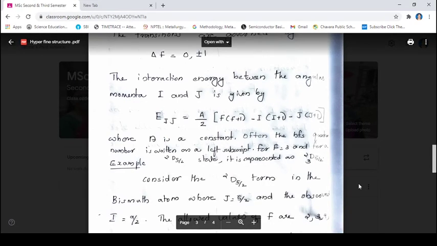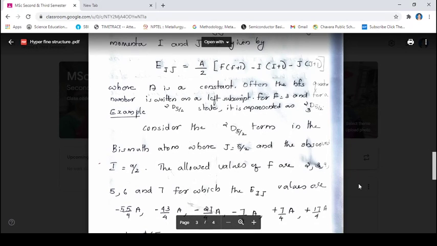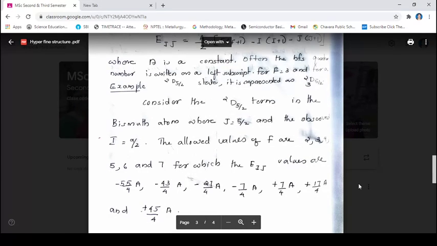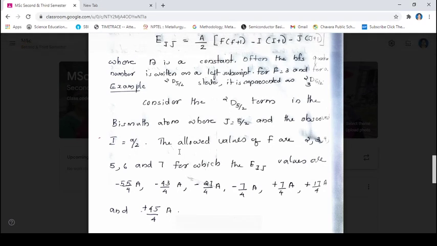As an example, we will consider the case of the bismuth atom. Consider the 2D 5/2 term in the bismuth atom, where J equals 5/2 and the observed I is 9/2. So the allowed values of F: the maximum is 9/2 plus 5/2, that is 14/2, which is 7.